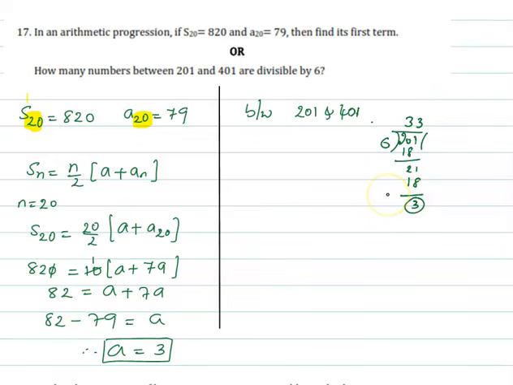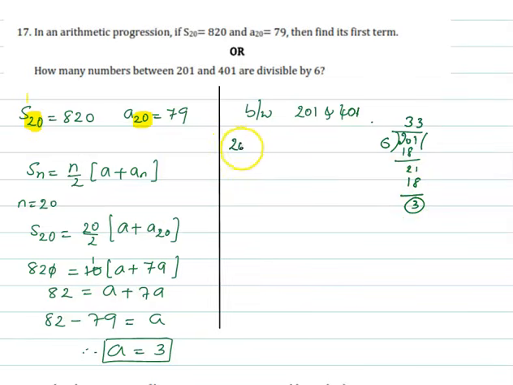The remainder we are getting is 3, so it is not 0. Therefore 201 is not exactly divisible by 6. As we have 3 here, to get 6 I need to add 3 more. So if I add 3 to 201, the remainder will become 6, so it is divisible.